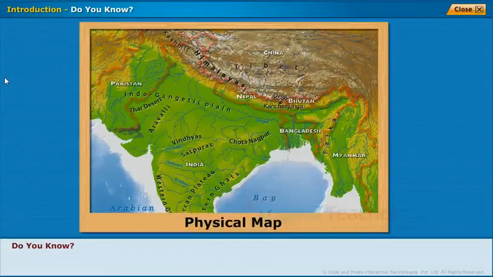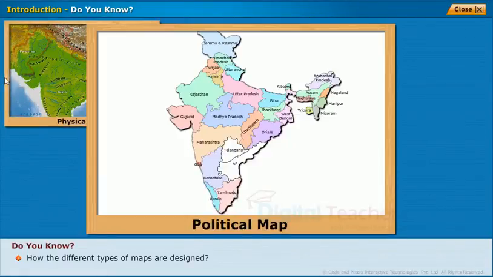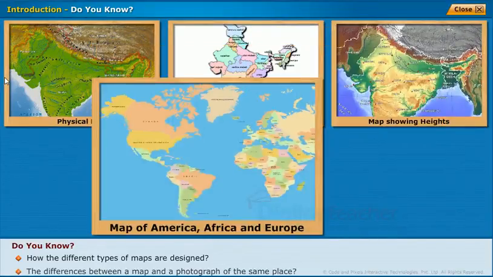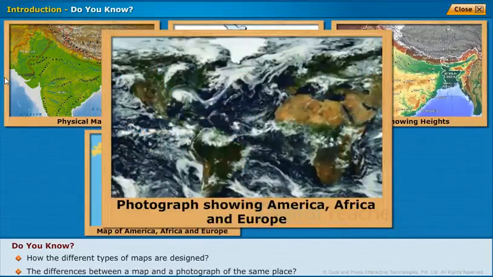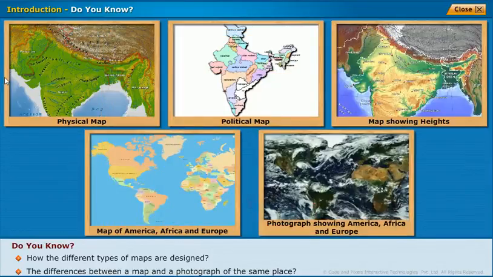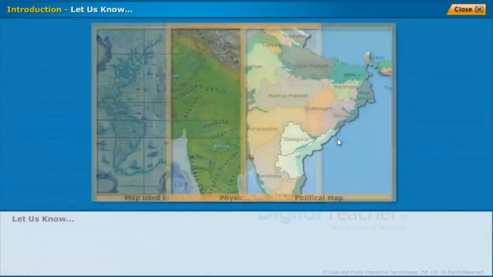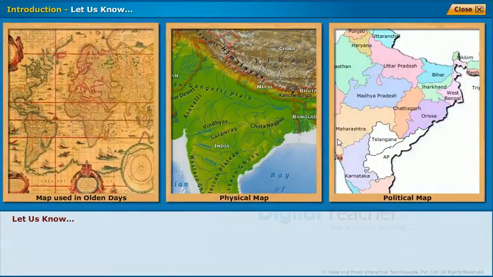Do you know how the different types of maps are designed? The differences between a map and a photograph of the same place. Let us know. A map will not show the real features of a place.